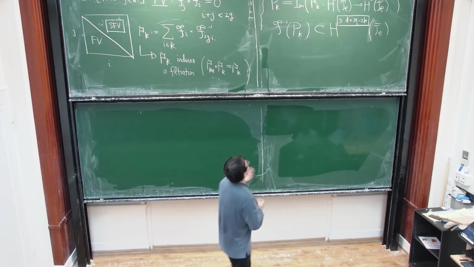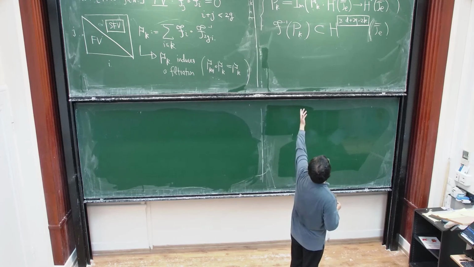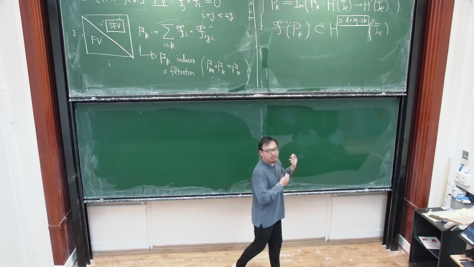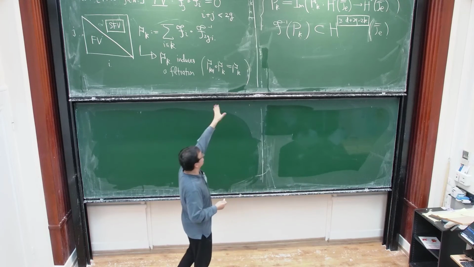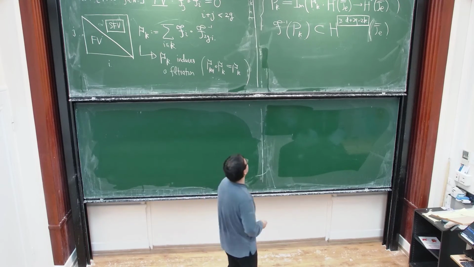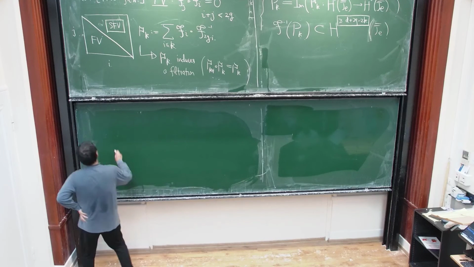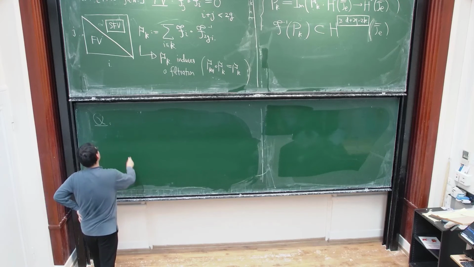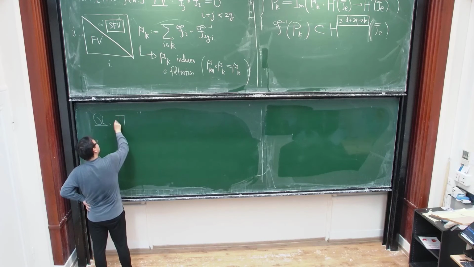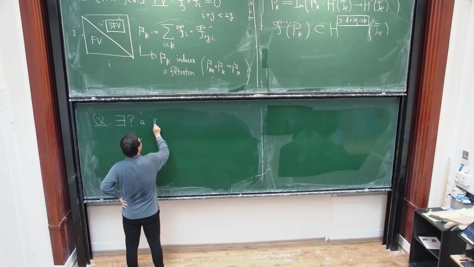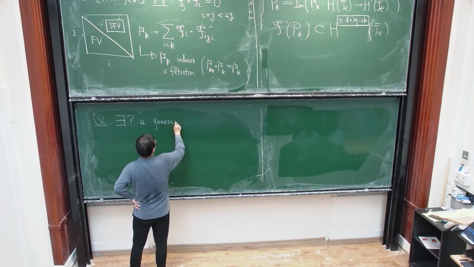But really the question is whether we cannot prove them but they are still true, or we do not even expect them to be true for a decomposition. And so the question is whether there exists what I'll call a generalized Beauville decomposition.